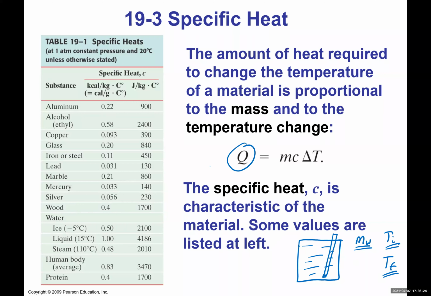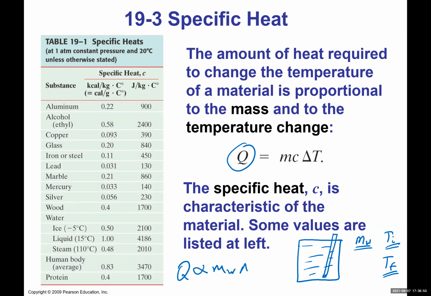Q is the symbol for heat. It represents the amount of energy transferred into the system or out of the system. And we can see from here that heat Q is proportional to the mass of the substance. That means, in this case, proportional to the mass of the water. The more water I have, the more energy I will need. The less water I have, the less energy I will need.